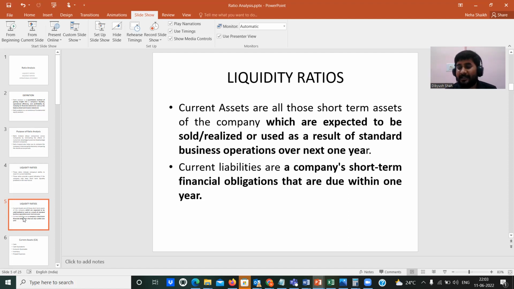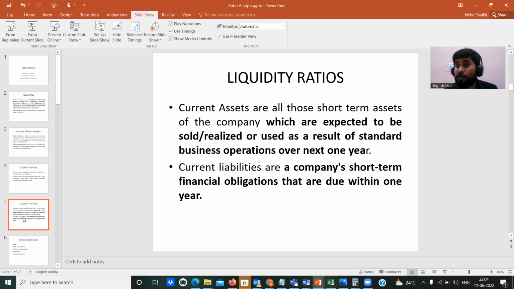Imagine I am standing today on 31st December 2021, finalizing the balance sheet. We know in US GAAP, they follow calendar year. So it's 31st December 2021. I am finalizing Apple's balance sheet. You guys will become CPAs or CMAs. You will deal with such companies. What will be your current assets?